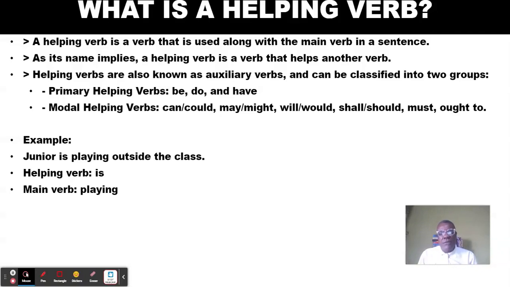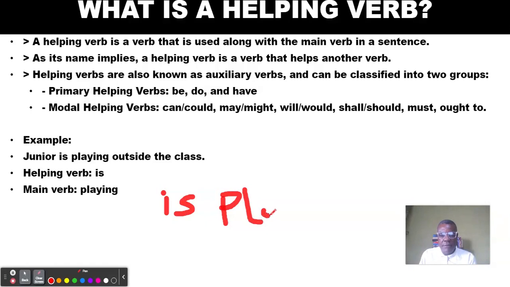So together, these two verbs form what we call the verb phrase. The verb phrase is "is playing."